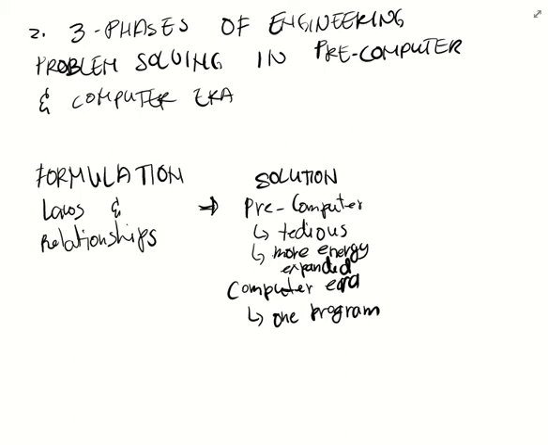Then the time you need to solve them is much less compared to the pre-computer era. So this is the advantage of numerical methods when we use computers. We can now use our time, instead of solving the problem, for the last of the three phases, which we call the interpretation.